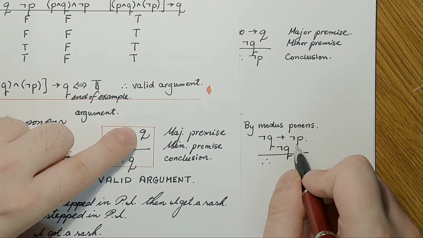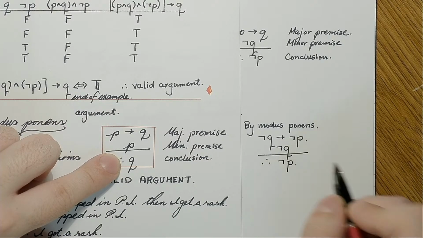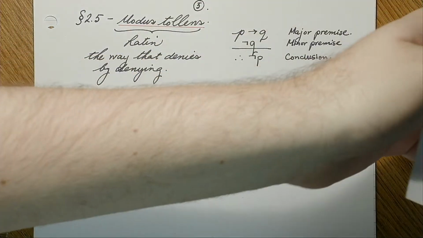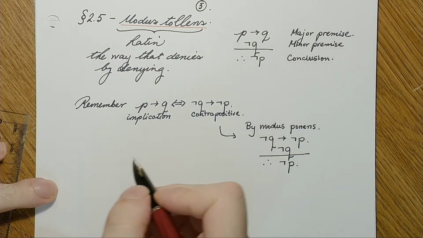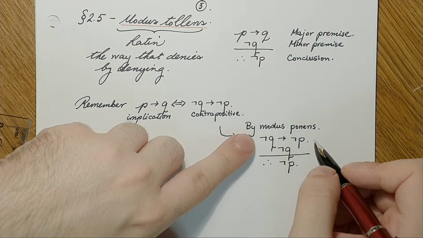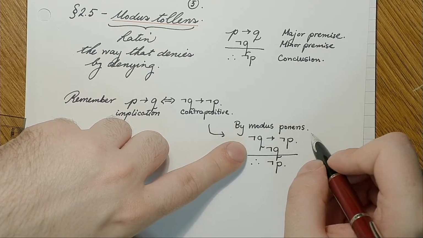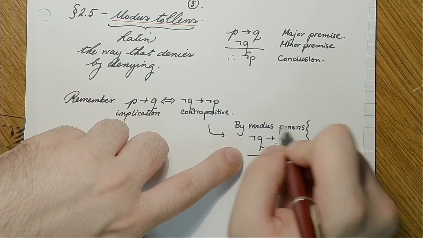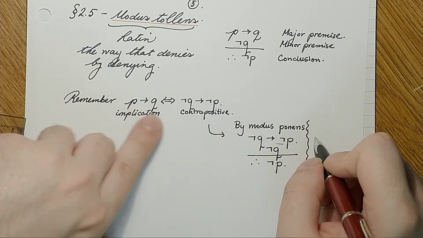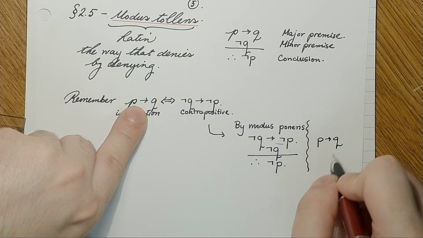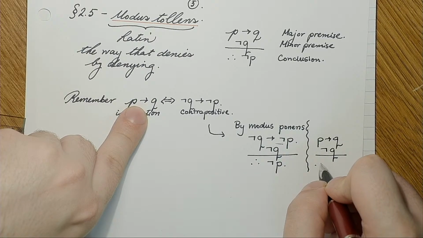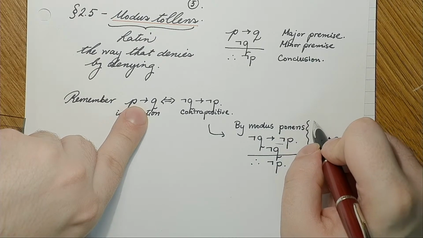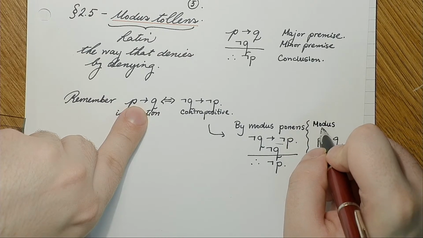Here it would be not Q implies not P. What I'm trying to say is that this would be by modus ponens, and right here you can rewrite the line not Q implies not P to be P implies Q. And this is modus tollens.